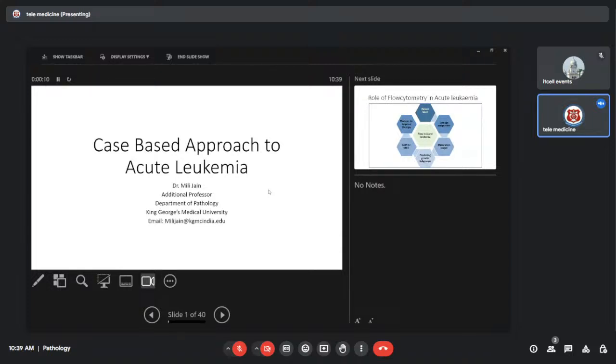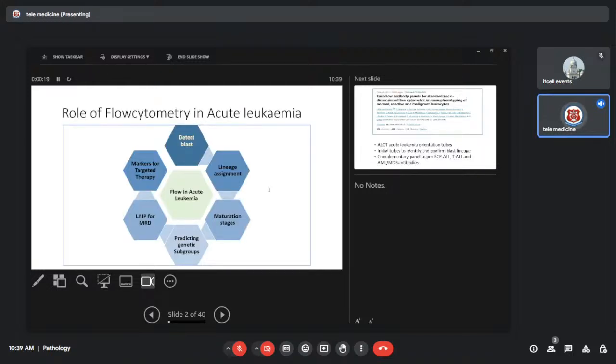So now we have a basic approach to a case of acute leukemia. Firstly, the role of flow cytometry. On morphology, we can identify blasts and tell that it's an acute leukemia, then by flow. First, flow also helps you to detect blasts.